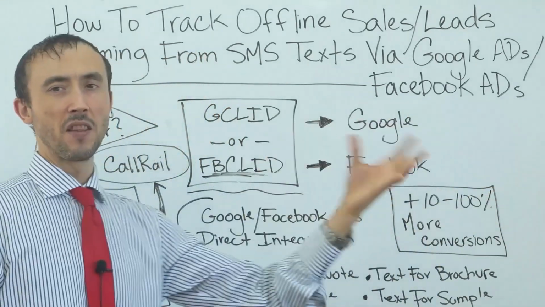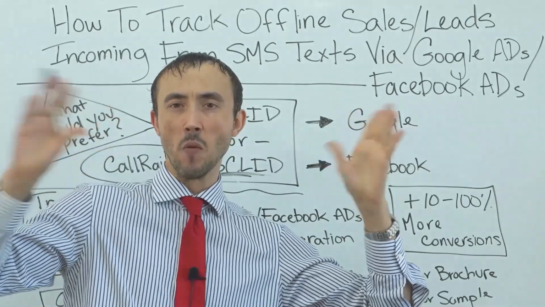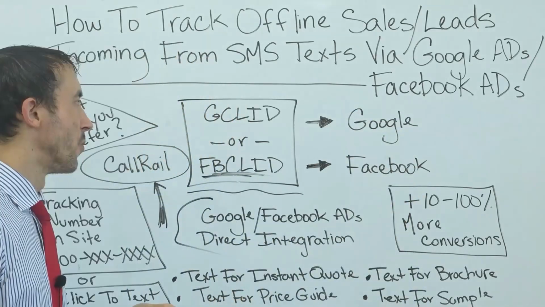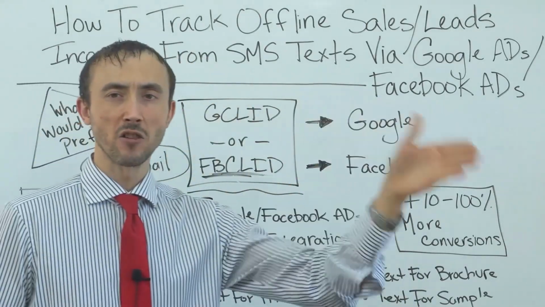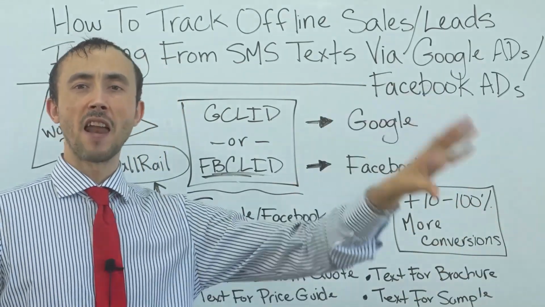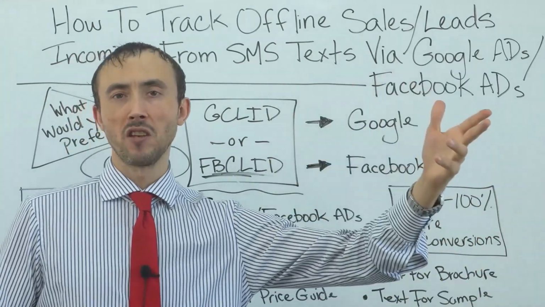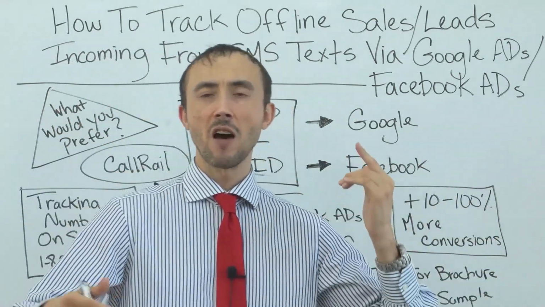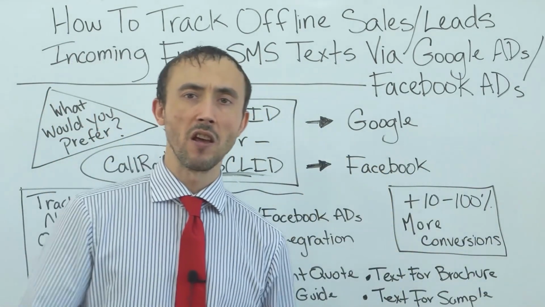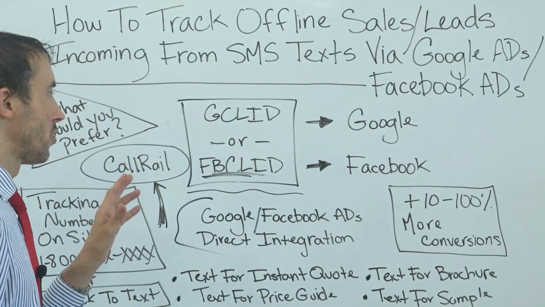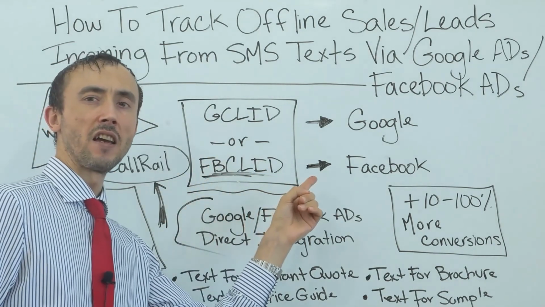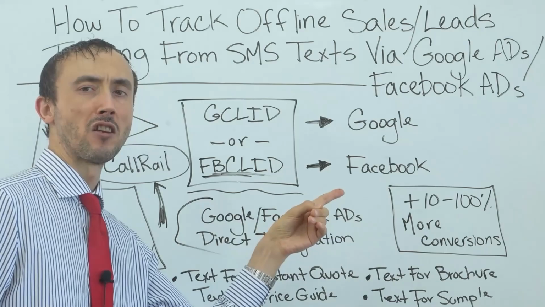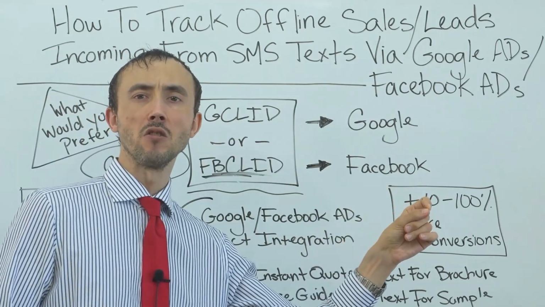So they all kind of copy the same naming nomenclature here. Whether it was from Google, Facebook, or Microsoft/Bing, it'll have that ID and it all works the same way. You go into your Facebook account, you upload the Click ID. Microsoft, you get the Click ID, you upload it, and that's what you do. So if you want to do sales tracking of leads that come in from your SMS messages, that's specifically how you do it right there.